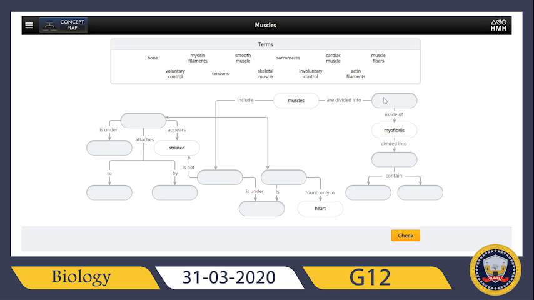Muscles are divided into what? Into what? Muscle fibers made of myofibrils, divided into what?